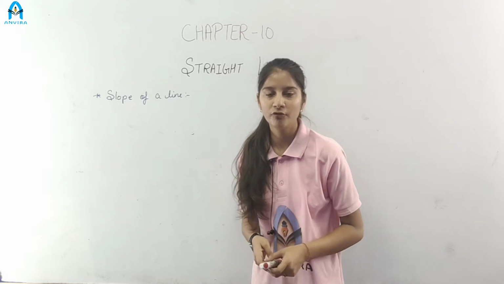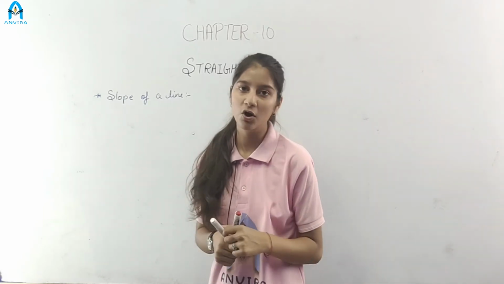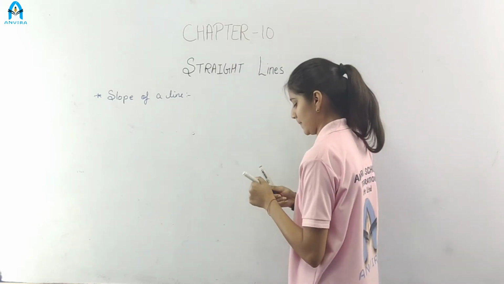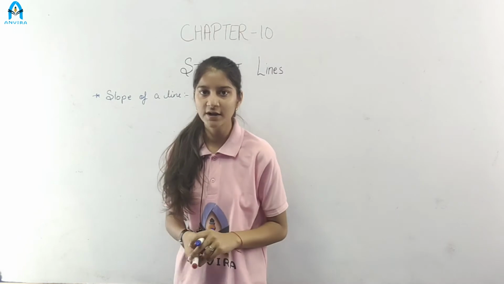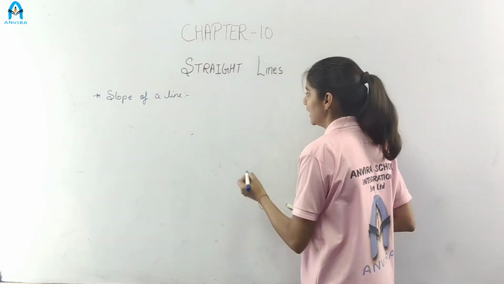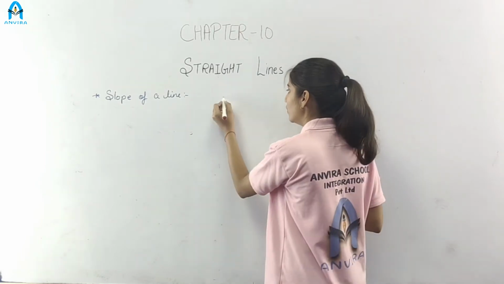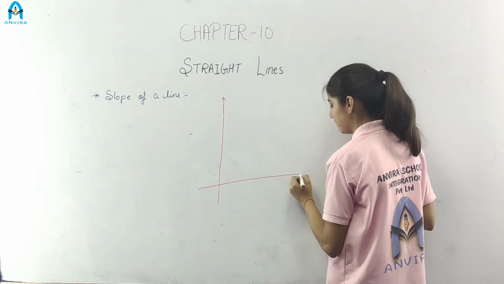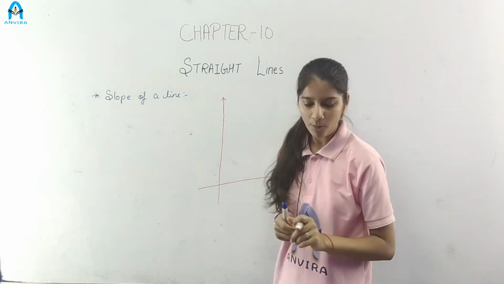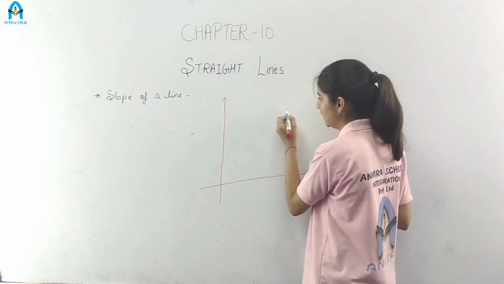The slope is the tan theta for the angle of inclination. And by the slope of a line, we can find how much the line is tilted from the respective axis. So let us now find the slope of any line when we are given the coordinates.